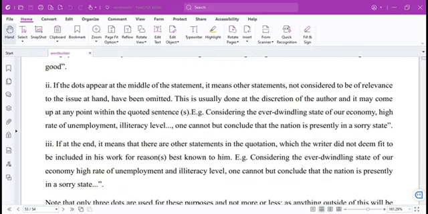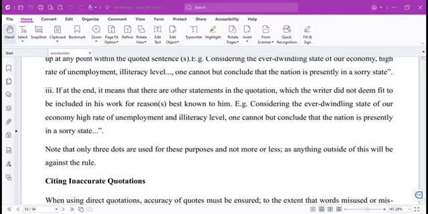E.g., "Considering the dwindling state of our economy, high rate of unemployment ... illiteracy level," you can see there is something between this level and one. Those ones are not considered relevant. That is why they were taken off and replaced with dot, dot, dot, showing that there was actually something in there. "One cannot but conclude that the nation is presently in a sorry state."